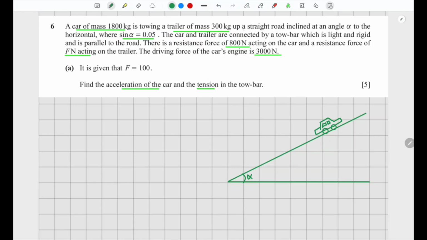They are moving up a straight road, so the direction of motion is upwards. And this is attached with a tow bar to a trailer. So this is your trailer attached with this tow bar.